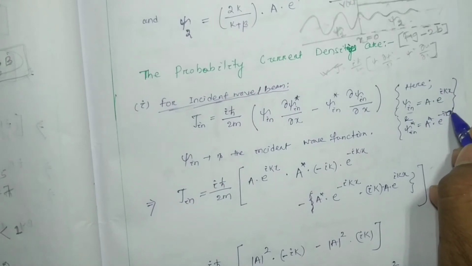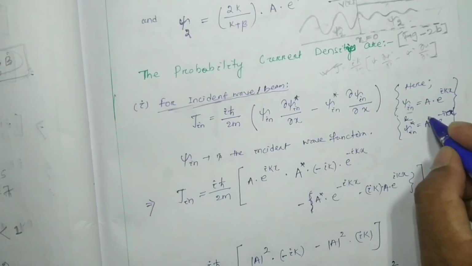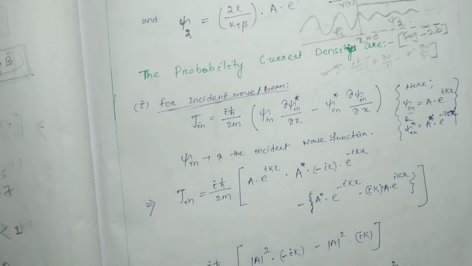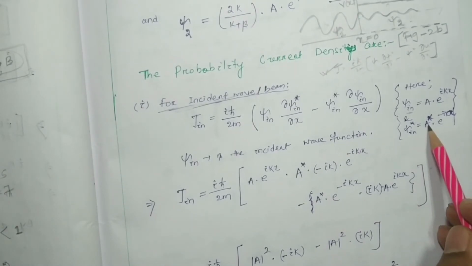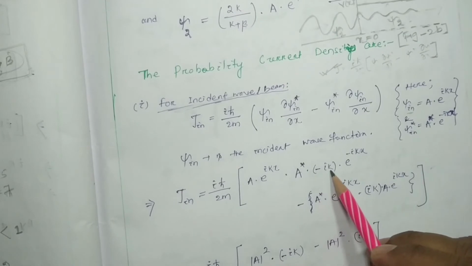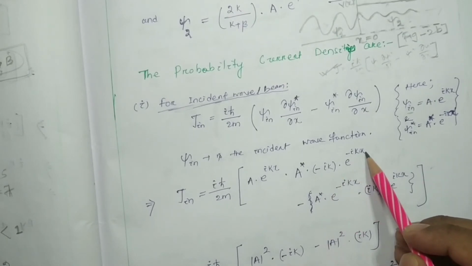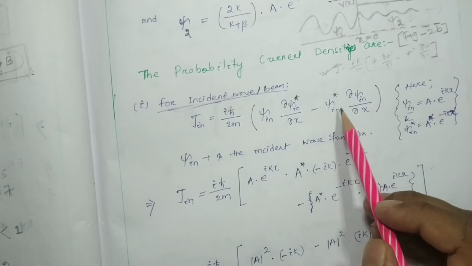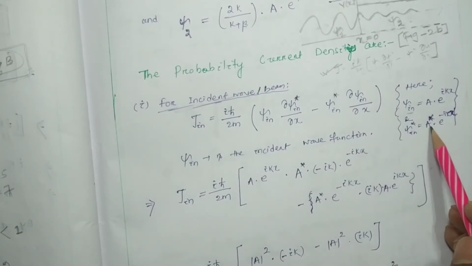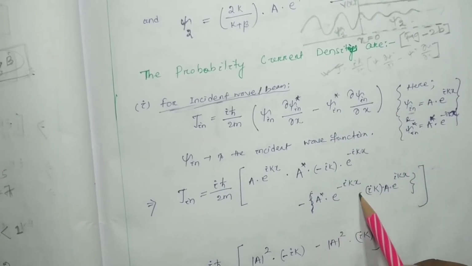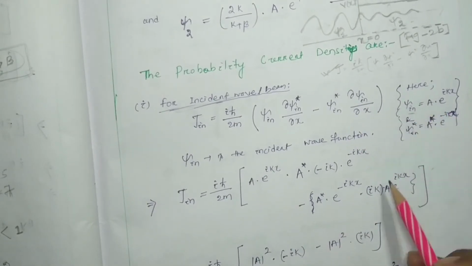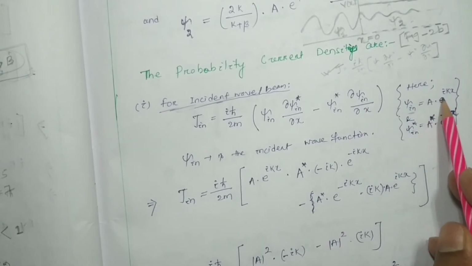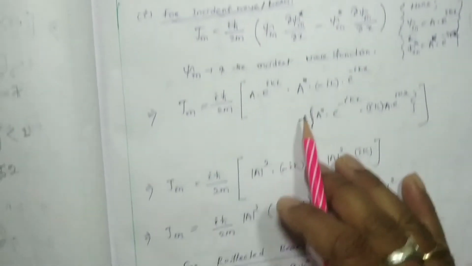So the derivative of this one will be a star into minus ik into e to the minus ikx, right? Then minus psi in star, that is a star e to the minus ikx, into the derivative of psi in, that means ik a e to the ikx.